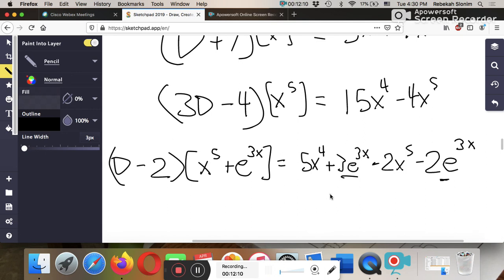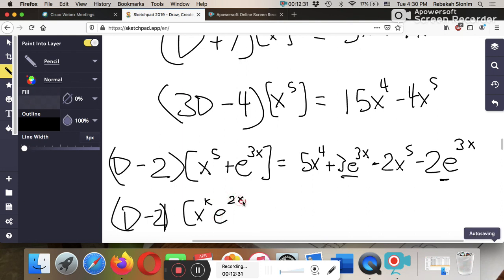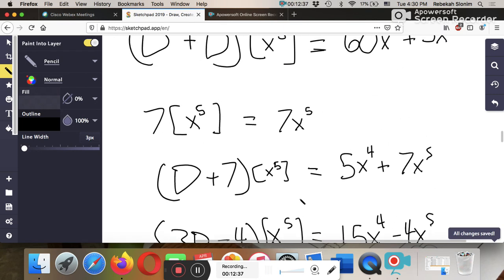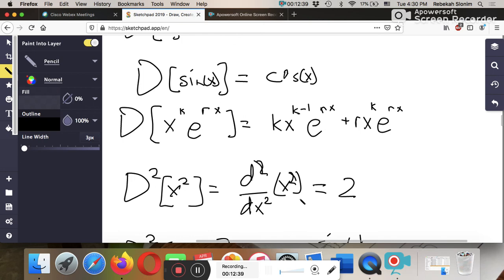And now let's take D minus 2 again, and this time I'll apply it to the function x to the k times e to the 2x. Okay, well, what's that going to be? Well, we already looked at what is D of x to the k times e to the rx, so that's up here.